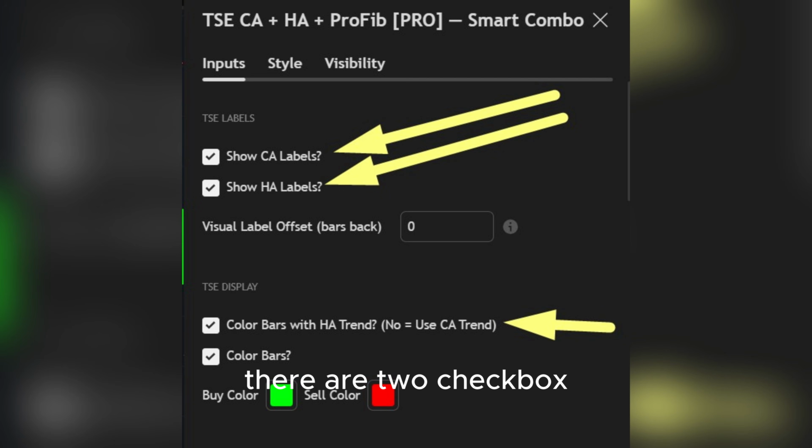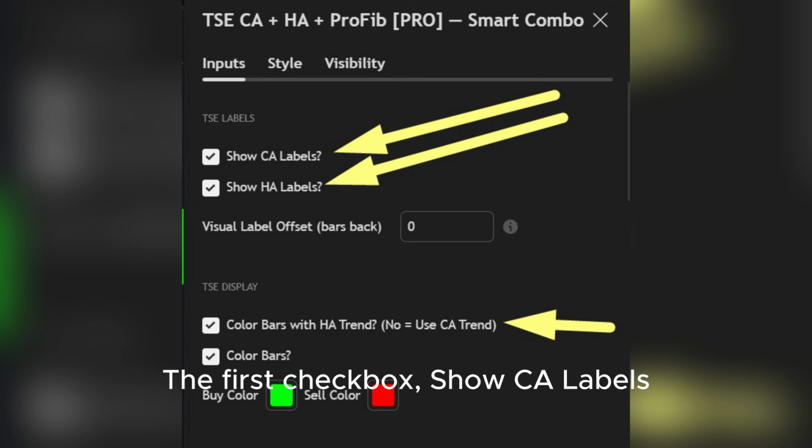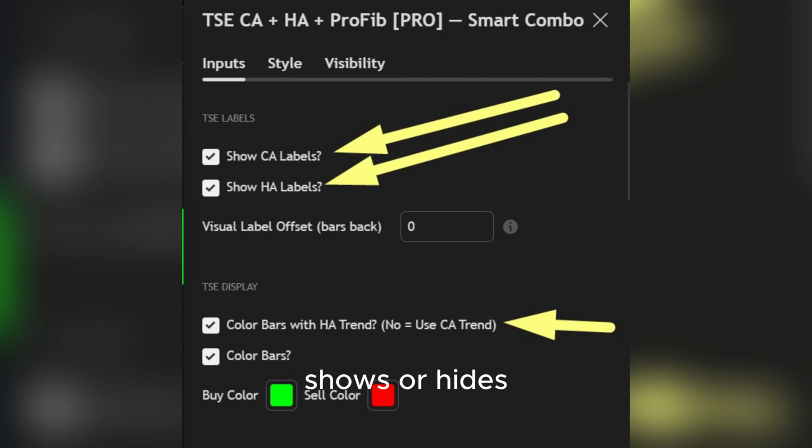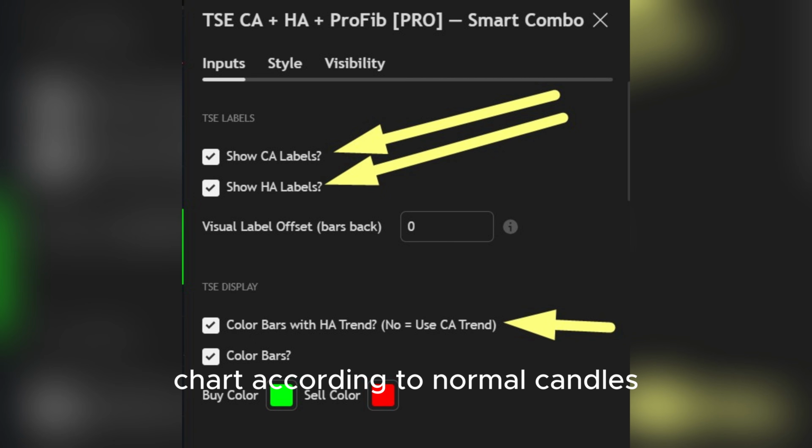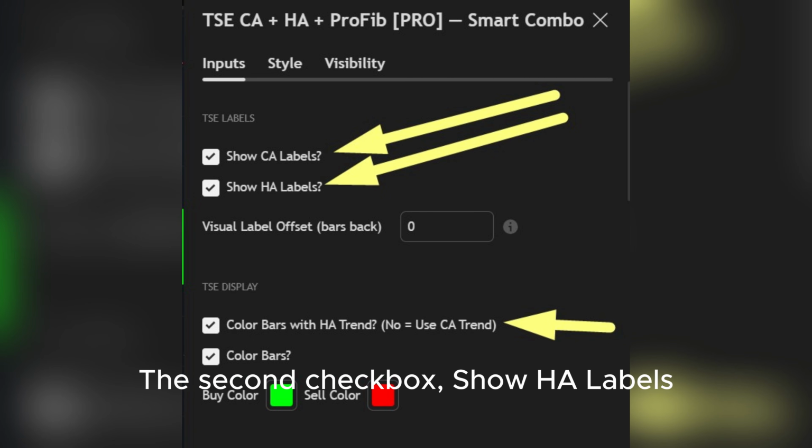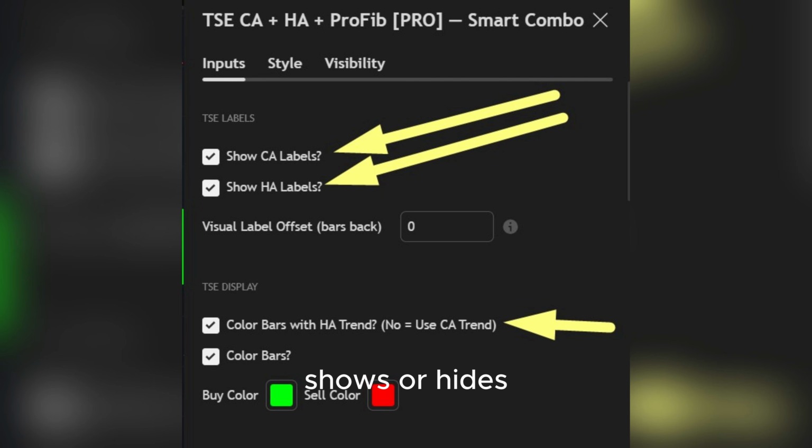In this indicator, there are 2 checkbox options in the settings section. The first checkbox, Show CA Labels, shows or hides the buy and sell labels on the chart according to normal candles. The second checkbox, Show HA Labels, shows or hides the buy and sell labels on the chart according to Heikin Ashi HA candles.